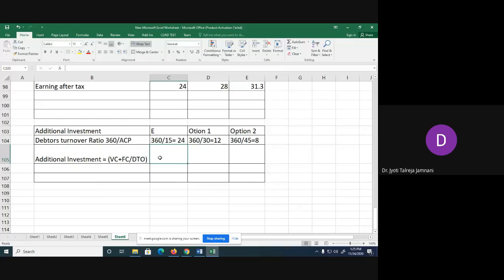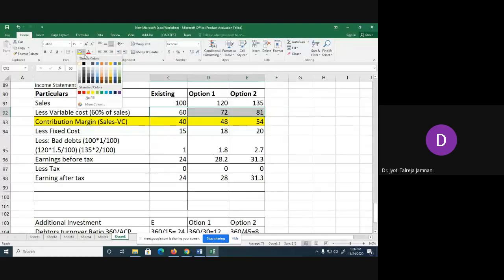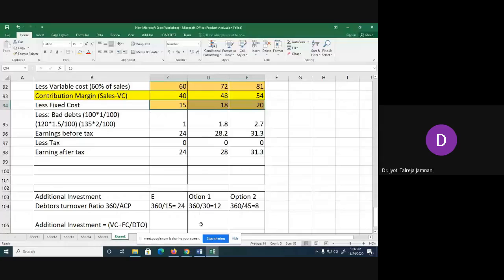Now we can find additional investment: variable cost plus fixed cost divided by debtors turnover ratio. Here is your variable cost and this is the fixed cost. So we'll add both. 60 plus 15, you get 75, divided by 24, 3.125 lakhs.